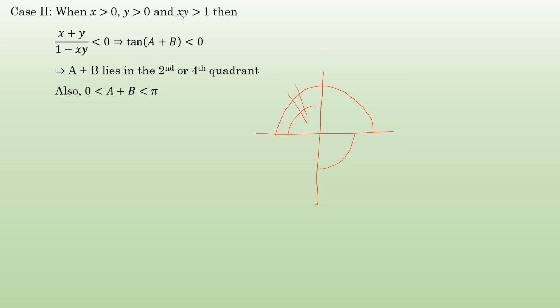And this part is the angle pi by 2, and this is the angle pi. So we will have to write that a plus b should be from pi by 2 up to pi. This is the common part of these two inequalities. Okay, so I am writing that.